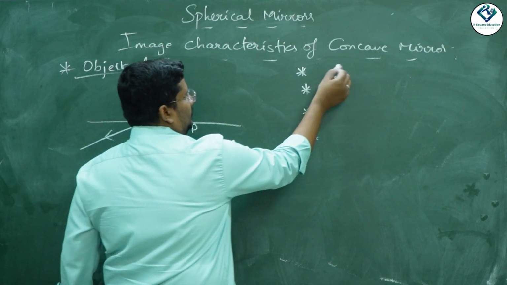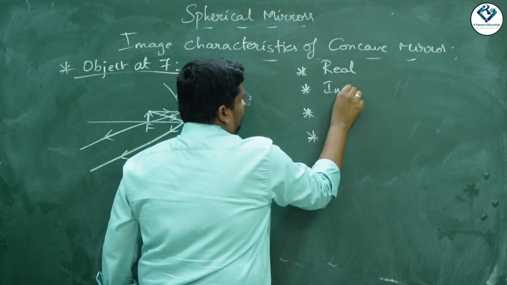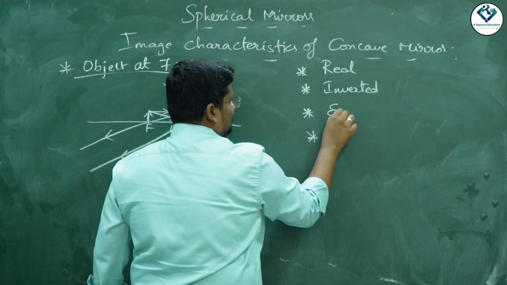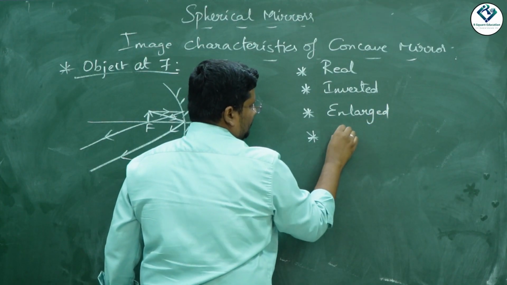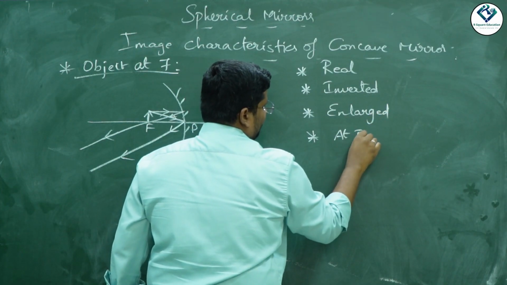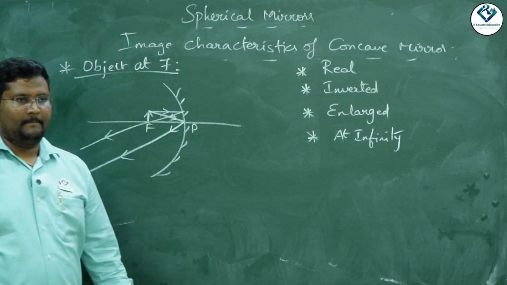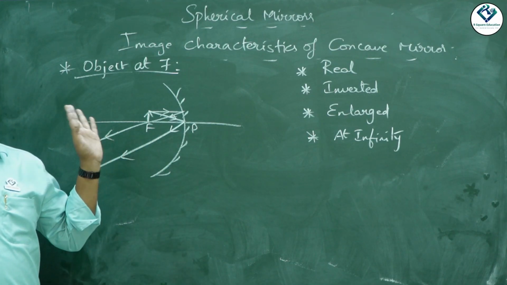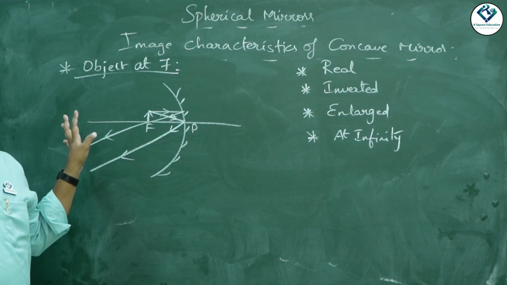So what are the image characteristics? Real, inverted, enlarged, image at infinity. So the image is at infinity when the object is at focus. Is that clear? Any doubts? No? Okay.